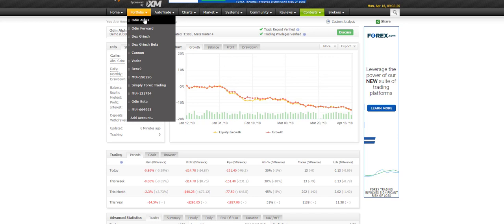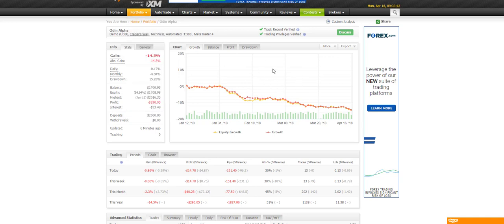Well, what I did is that I took the Odin Alpha and took its resource that we have on our system, okay? And our system has the availability, as well as the bots do as well. The bots actually have an availability for me to reverse the signal that normally would be a sell and make it a buy instead, and flip the ratios of stop losses and take profit as well.